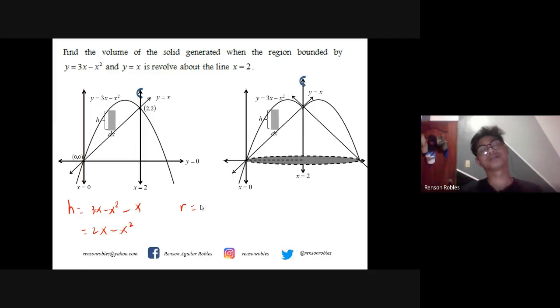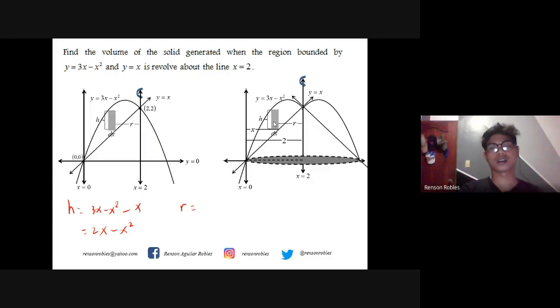What about your r? The axis of revolution is still located on the right side of the y-axis and the element. Okay, that is your r. This is x, and this is 2.